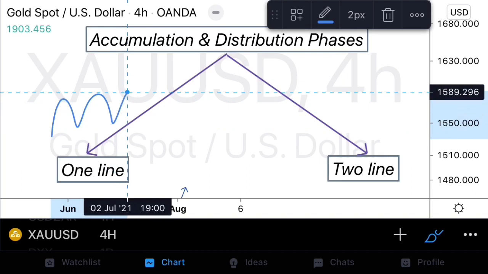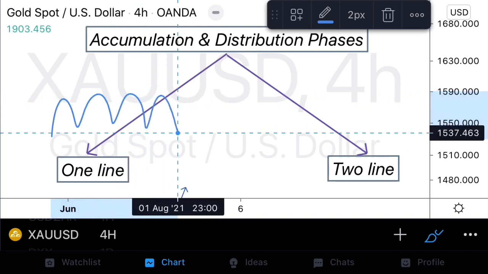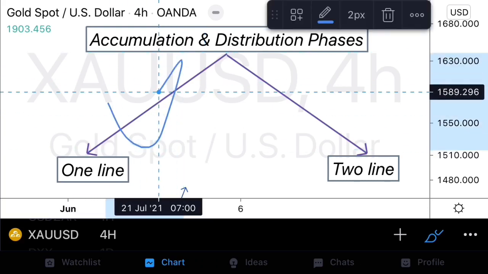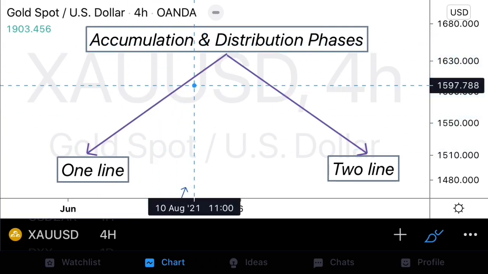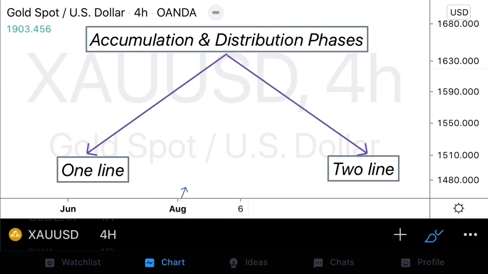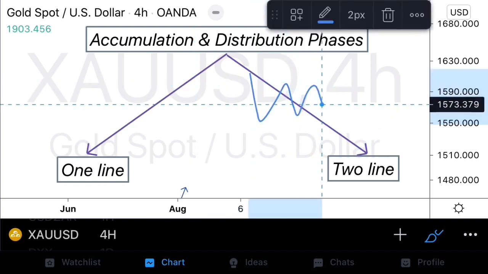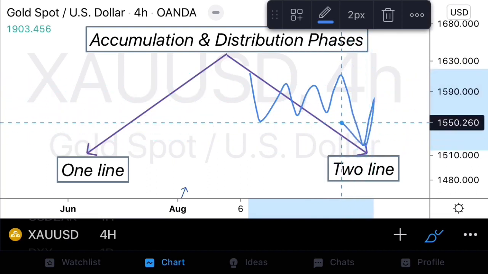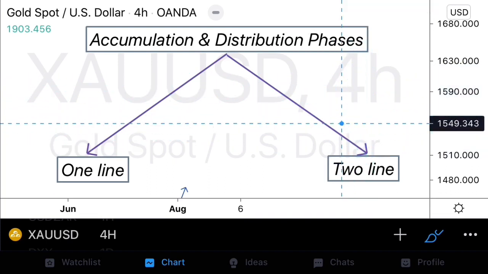So an accumulation is just a consolidation that leads to a breakout in prices to the upside, which we call a mark up. And a distribution is the opposite. A distribution is when the market enters some sort of consolidation phase in preparation for a move down, which we call a mark down. That's all accumulation and distribution are.